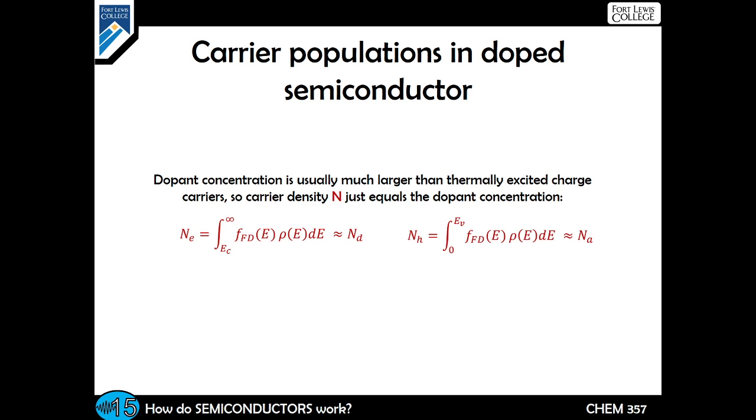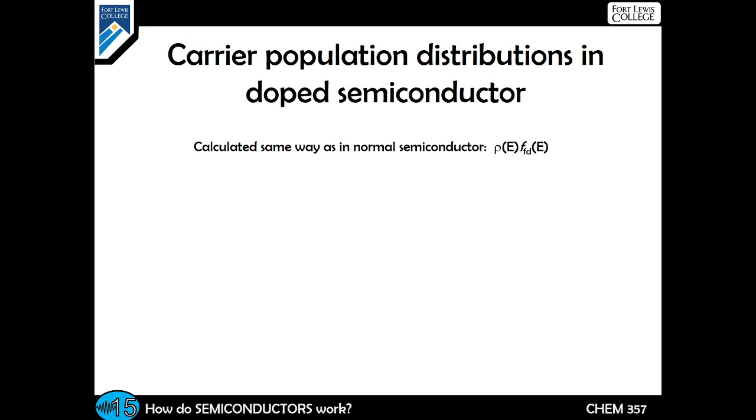Each one of those contributes one free electron or one free hole, and so forth. So you don't have to do a complicated calculation. You can just use the carrier density of how much you've doped your material for a doped semiconductor.